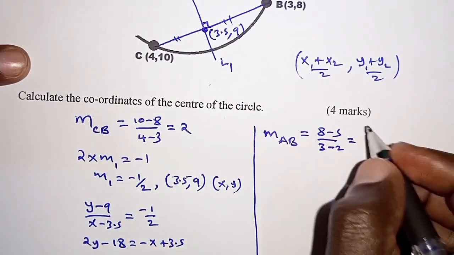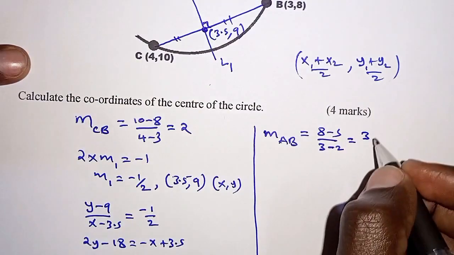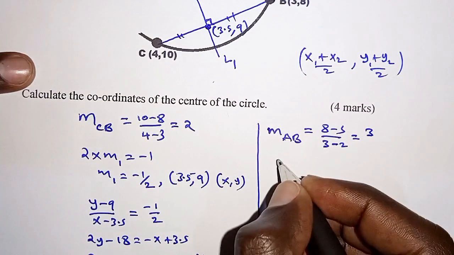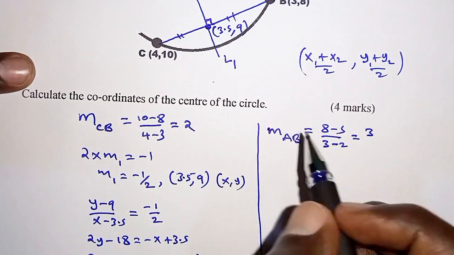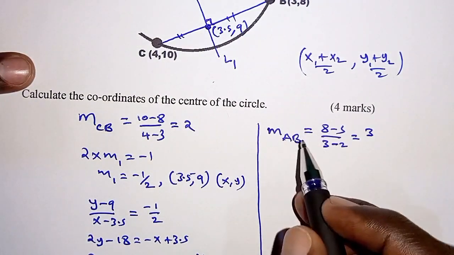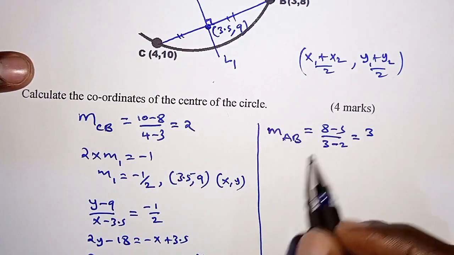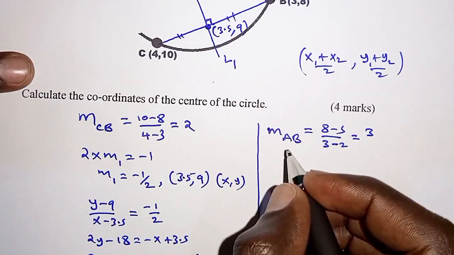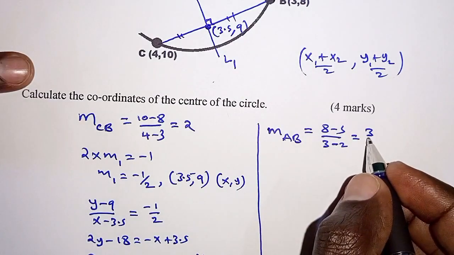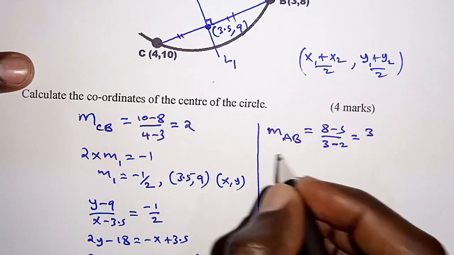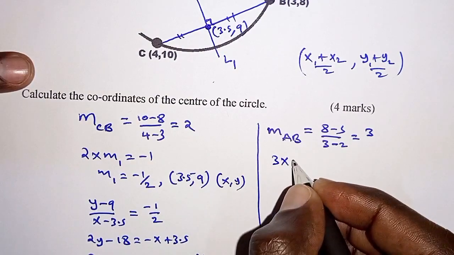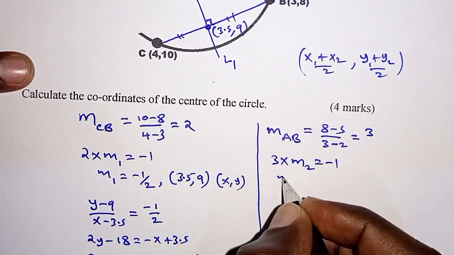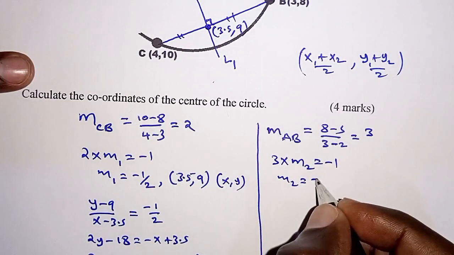And this is 3 over 1, which is 3. And therefore, since the line AB and the perpendicular bisector are perpendicular, then the product of their gradients is still negative 1. So we'll have gradient of line AB 3 times gradient of line 2 M2 equal to negative 1. That means M2 is negative a third.